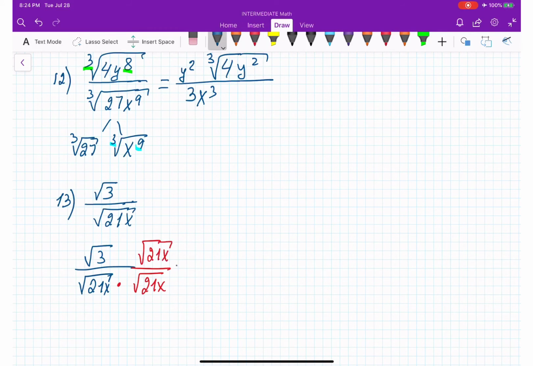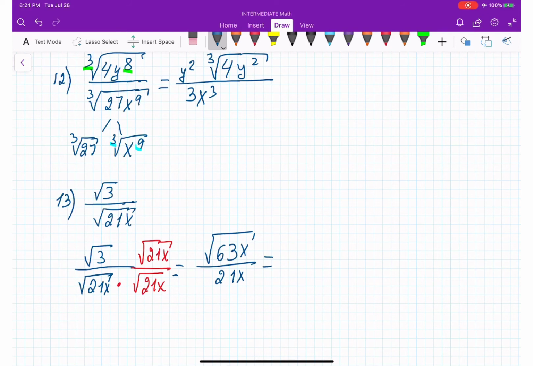And we get square root 3 times 21. It's going to be square root 63x. And here I will have 21x. Okay, 63, how can I break down?